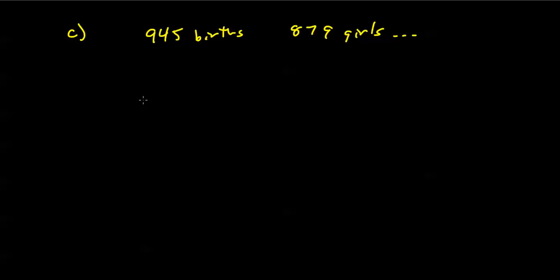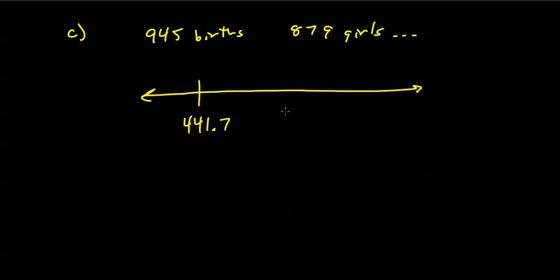Well, let's see. They ask us then, is 879 girls unusually high? Again, assuming boys and girls are equally likely, we had a minimum usual value of 441.7 for the number of girls and a maximum value of 503.3. Any number of girls in this range is usual.